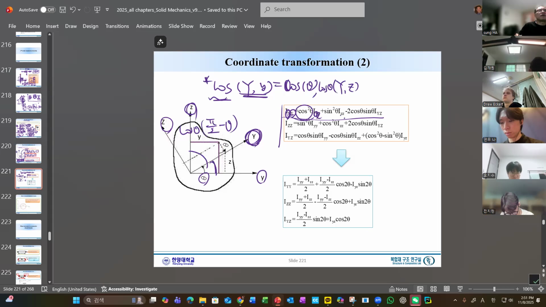The cosine of this will be sine theta. That's why we have a sine theta and sine theta. Now here, large Y and large Y, what is that? Cosine theta.